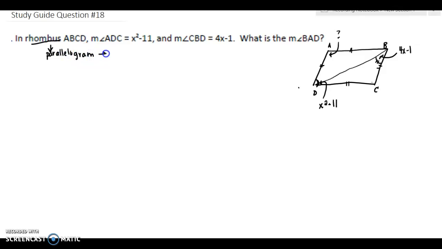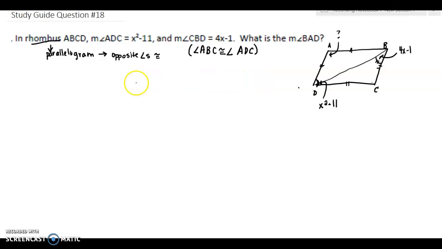And for all parallelograms, we know that opposite angles are congruent. So that means that angle ABC is congruent to angle ADC.